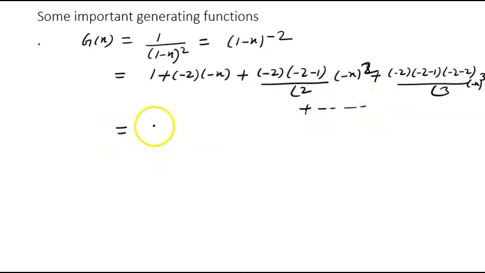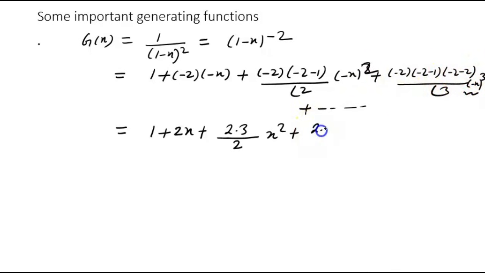So I will get the expansion like this: 1, and minus 2 into minus x, so that is 2x. What will I get here? I will get minus 2 into minus 3, so 2 into 3, minus minus is plus, and then divided by 2, and here I will get x square. What will this term be? There will be minus, minus, and minus, and since we have minus x cube here, one extra minus will come. So minus four times, it will become plus.